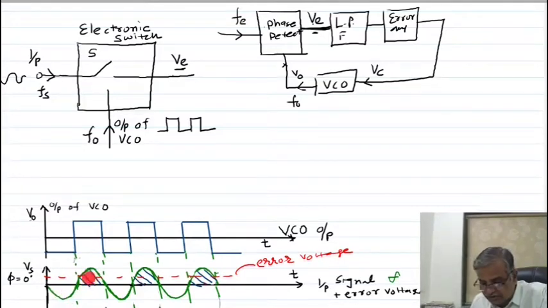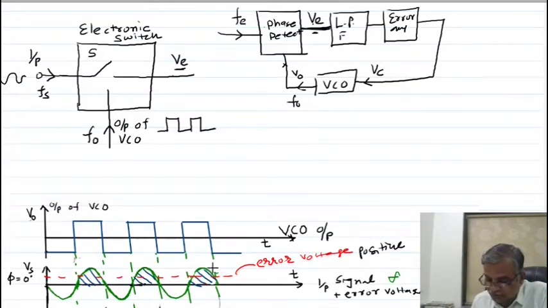During the positive half, only this much half of the AC input signal is passed through the switch, and its average value is shown by the dotted line. So this average value, or error voltage VE, is positive.